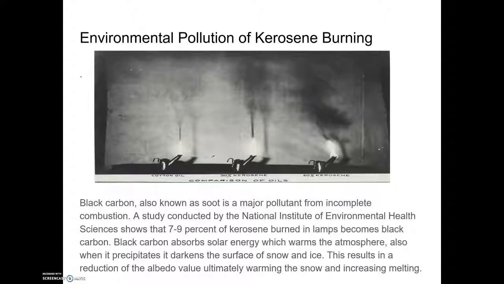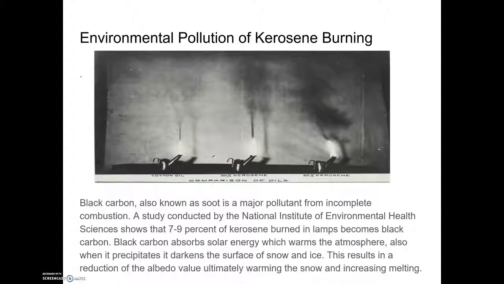A study conducted by the National Institute of Environmental Health Sciences shows that 7 to 9% of kerosene burned in lamps becomes black carbon. Black carbon absorbs solar energy, which warms the atmosphere. Also, when it precipitates back to Earth, it darkens the surface of snow and ice.